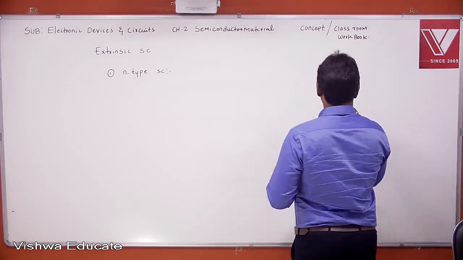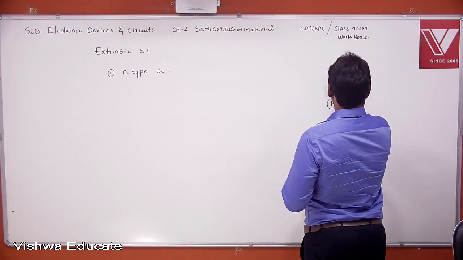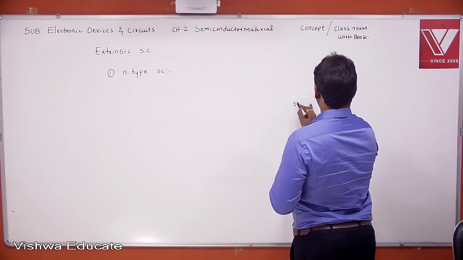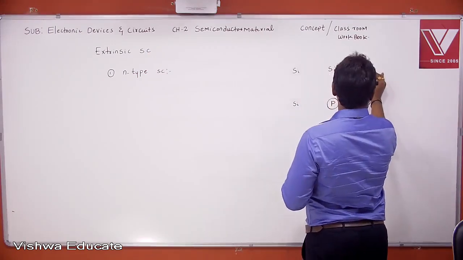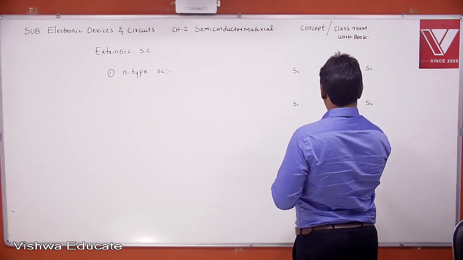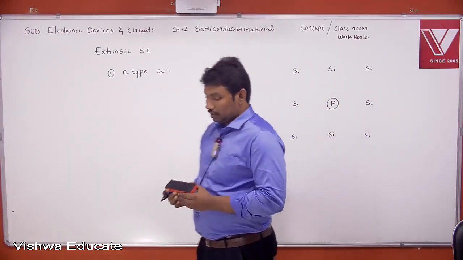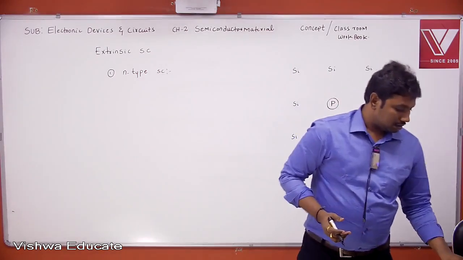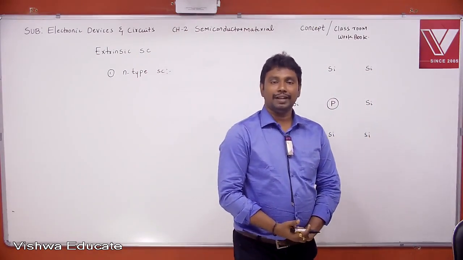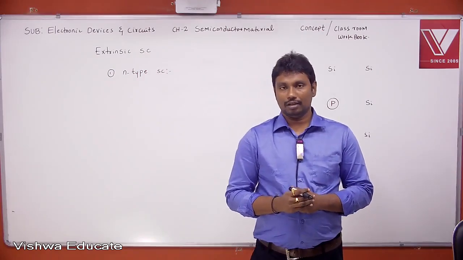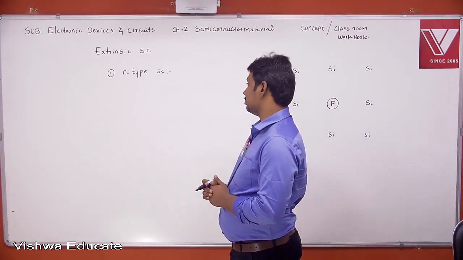Copy the heading first. Right. See here, we have two types of extrinsic semiconductors, depending upon the adding of impurity atoms, that is n-type semiconductor and p-type semiconductor.